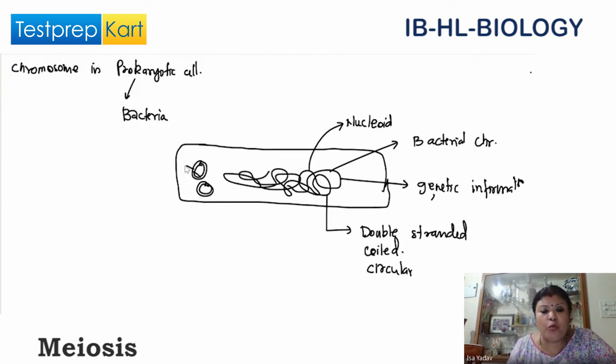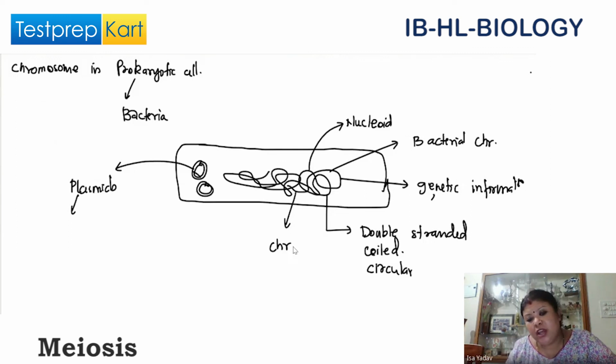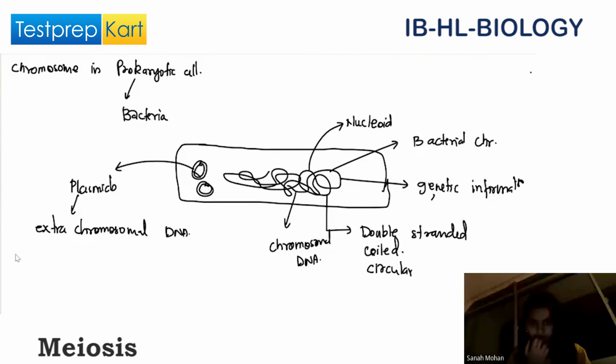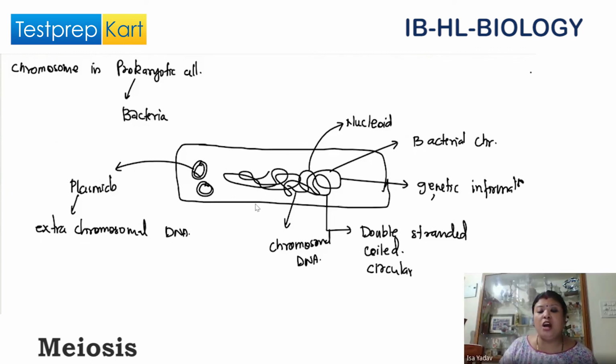The other type of chromosome that we observe is called plasmids. The nucleoid is called chromosomal DNA, and plasmids are called extrachromosomal DNA. Because of the function of the chromosomal DNA, the bacteria will divide by binary fission.